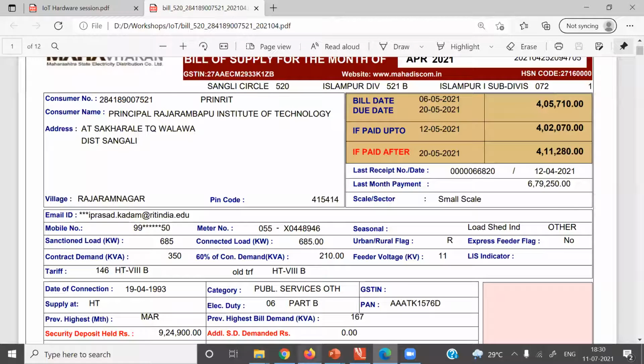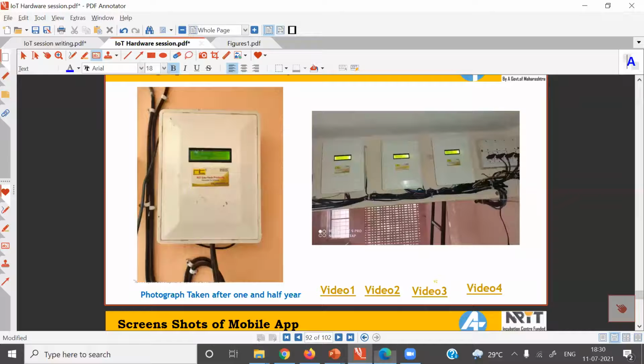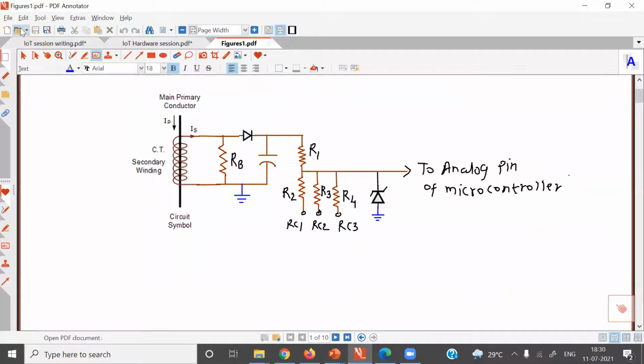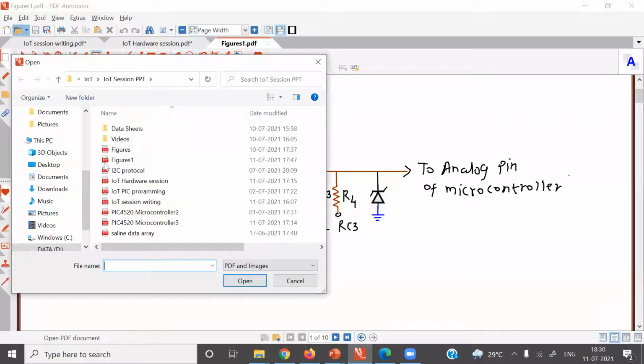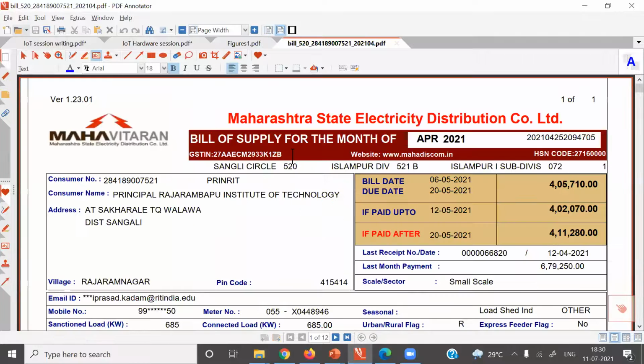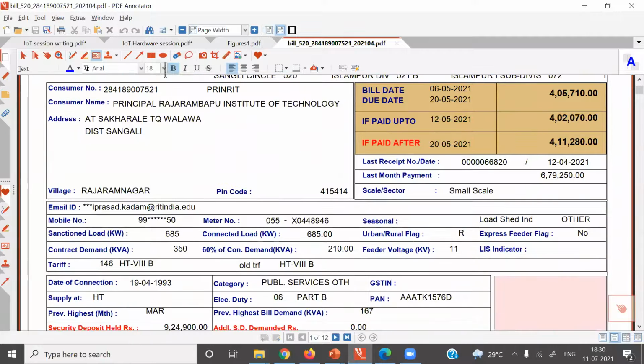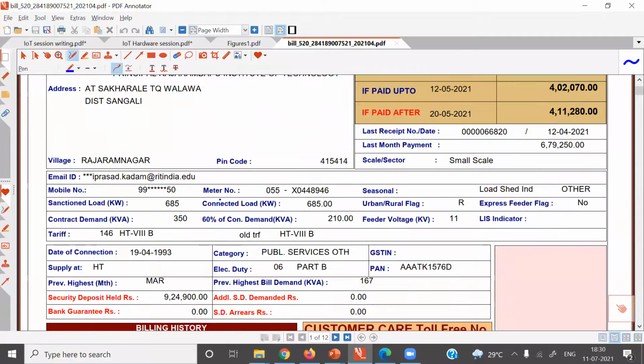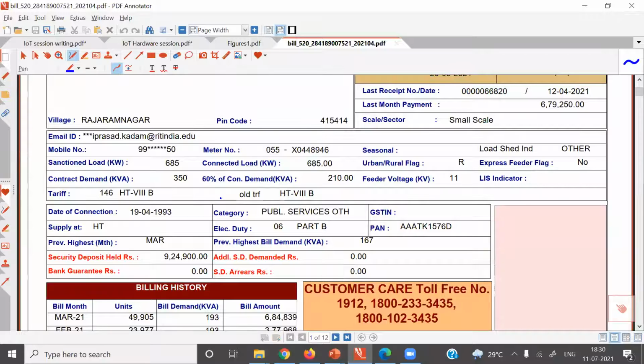The first important parameter I want to highlight here is contract demand.